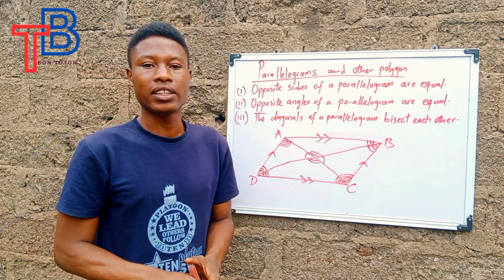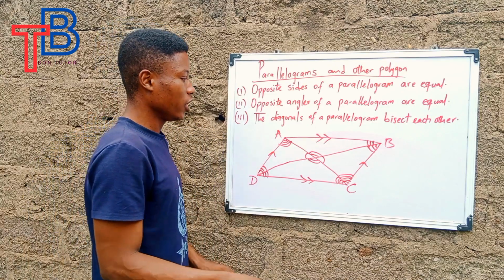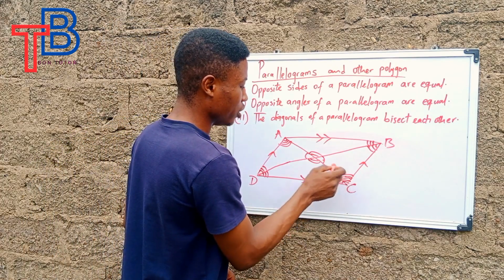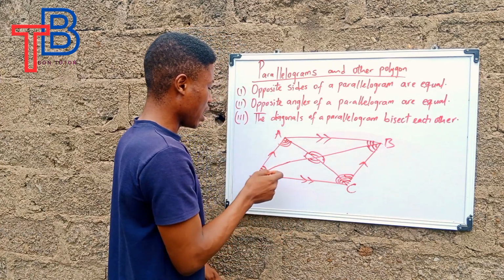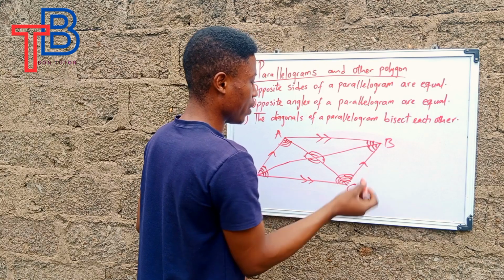And let's remind ourselves under congruent triangles, if the angle here is equal to the angle here, the angle here is equal to the angle here, and the angle here is equal to the angle here.